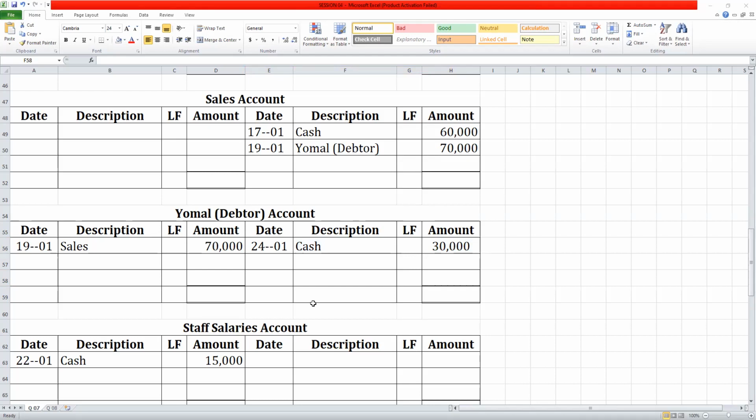Anyone in the class? Dishan, I need the double entry. Sanuka, you have to say whether it is debit or credit. Mention it.